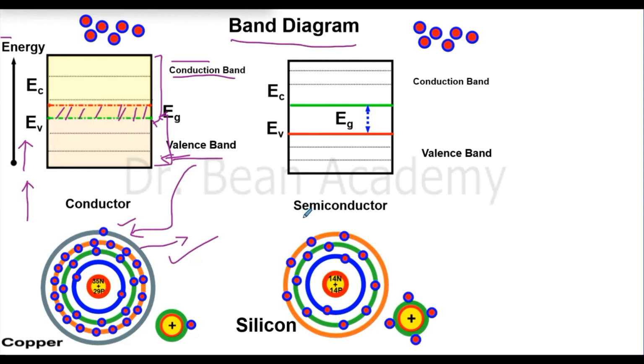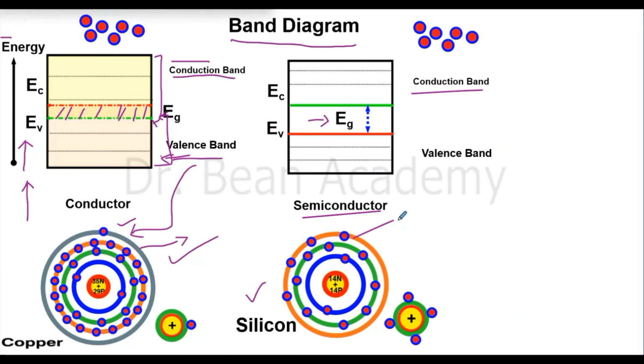Similarly, when we talk about semiconductors, for example silicon, we see that there is a band gap, and we call this the gap energy. This is the energy we have to provide externally to the electron in the valence shell so that it can jump to the conduction band, and once it goes to the conduction band, it is free to move.